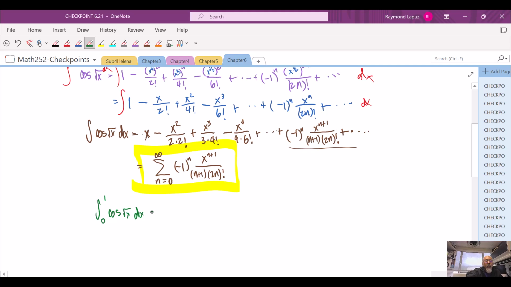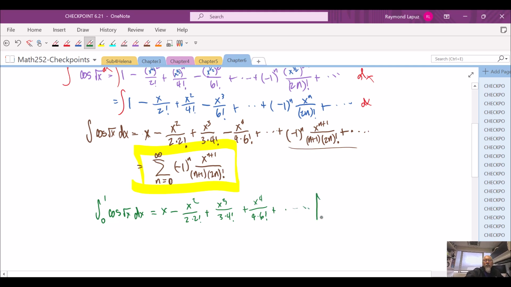So notice that if we put 0, we're going to get 0. Well, let me write it out. X minus x squared over 2 times 2 factorial plus x to the third over 3 times 4 factorial plus x to the fourth over 4 times 6 factorial dot dot dot.